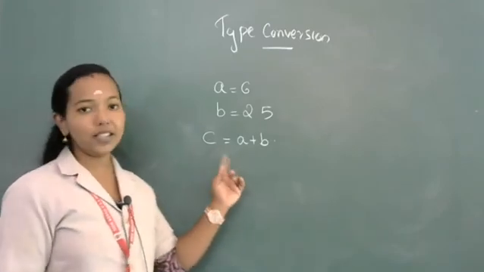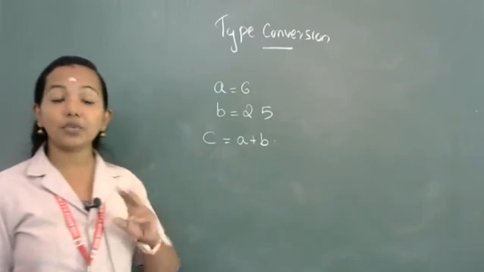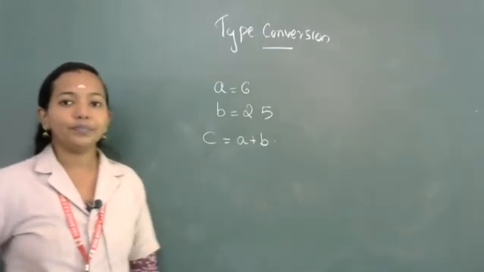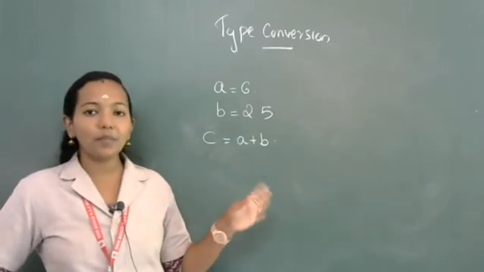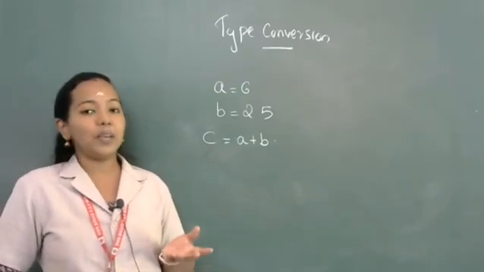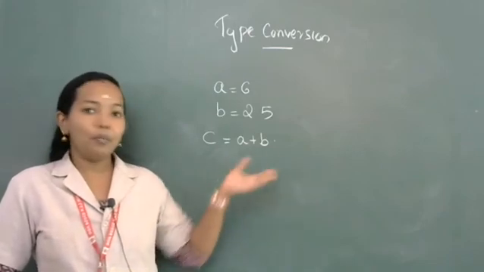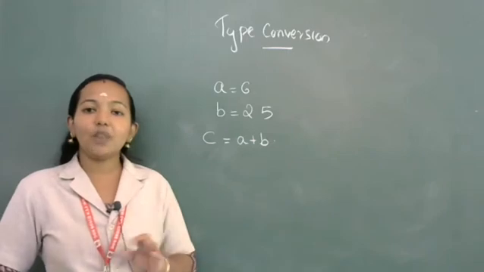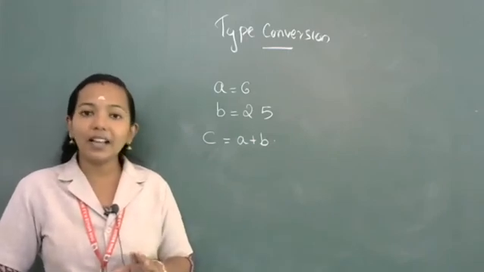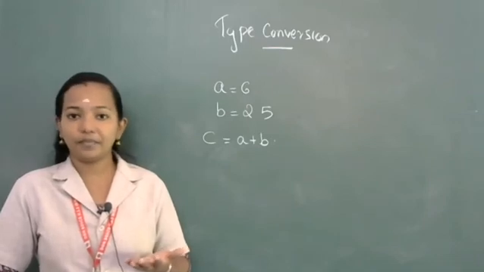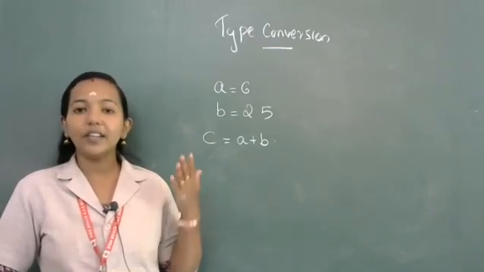But in this situation, we are using two variables, integer and float. So this belongs neither to integer expression nor to floating point expression, because both types are present. In this kind of case, the compiler will perform some kind of type conversion.